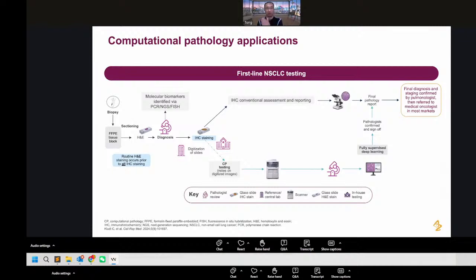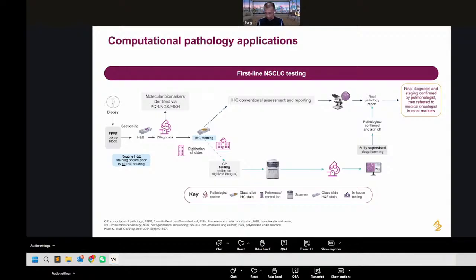Now you can do different things: IHC staining or other downstream molecular biomarker testing. You go for IHC, conventional or digital, so that's a different route. But at the end, you get to your full pathology report.